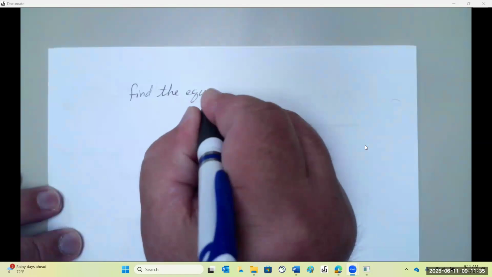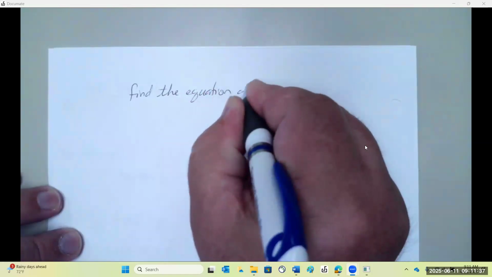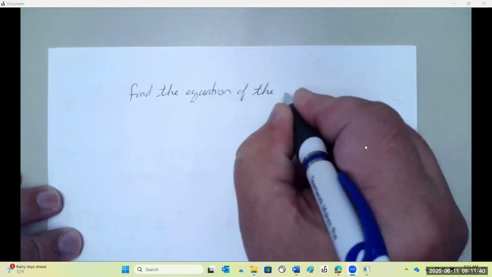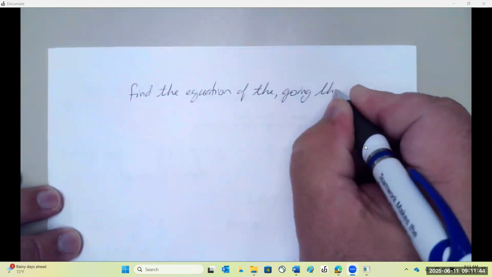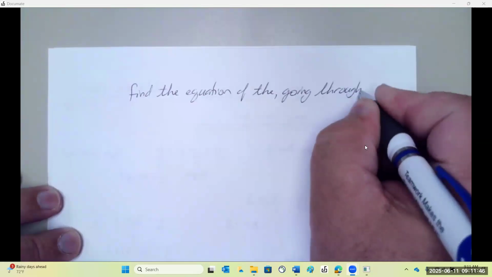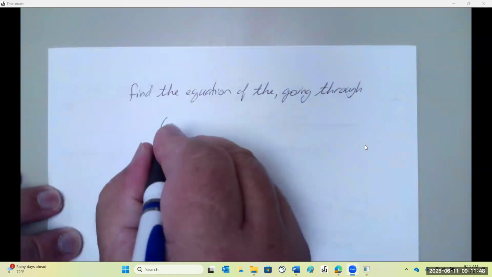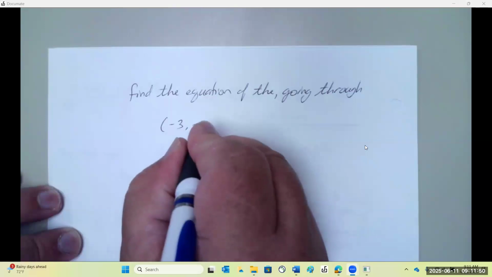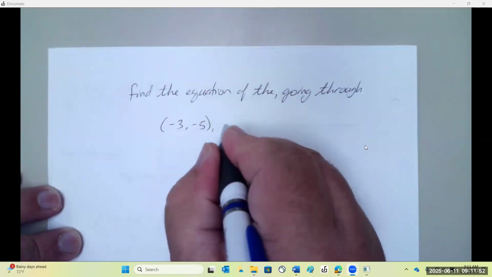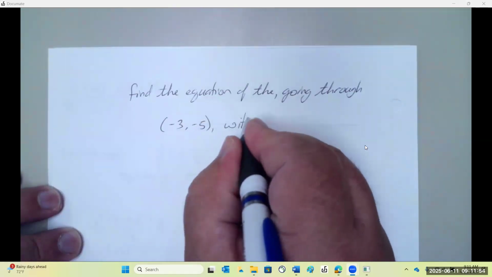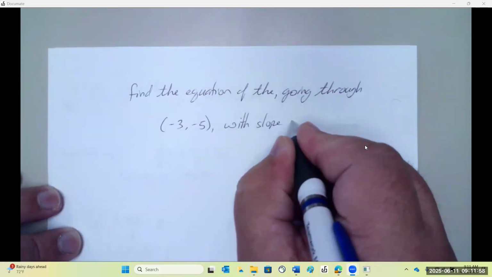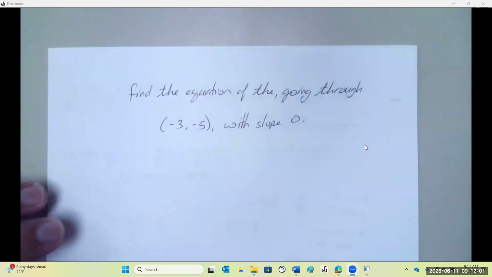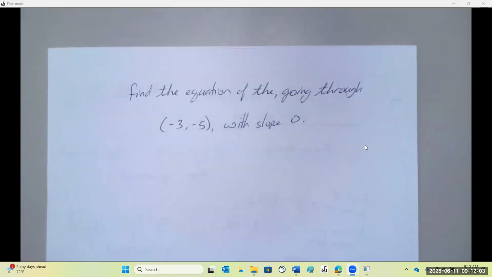Find the equation of the line going through -3, -5 with slope 0, or with 0 slope. That tells us a lot right there.